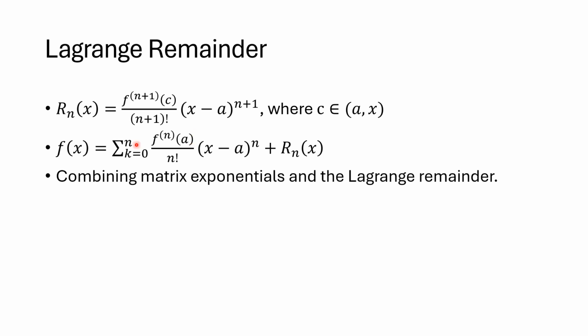So instead of an arbitrary value of x here, we can actually have a matrix for the argument, and we can actually use the Taylor series to approximate this function of a matrix. And let me show you how it's done, how the concept of matrix exponentials can be combined with the Lagrange remainder.